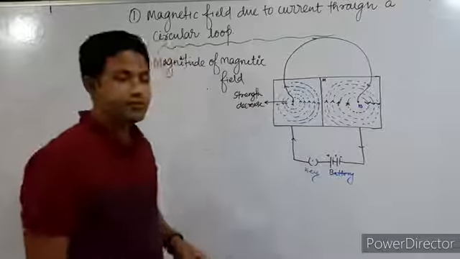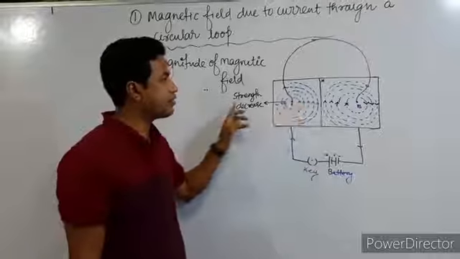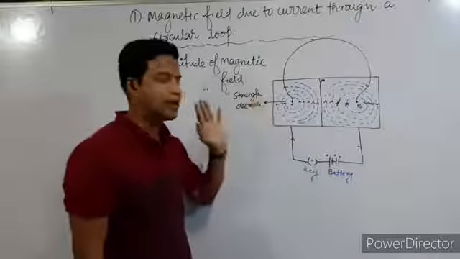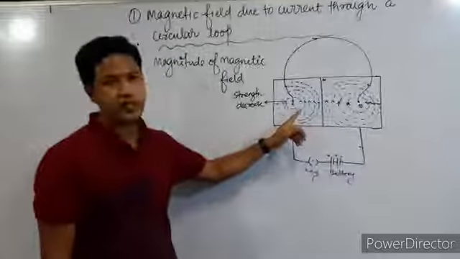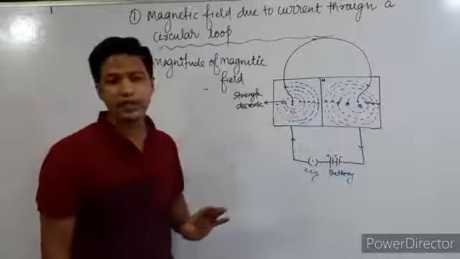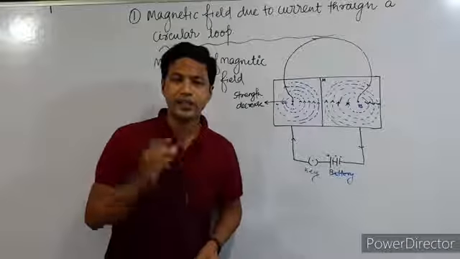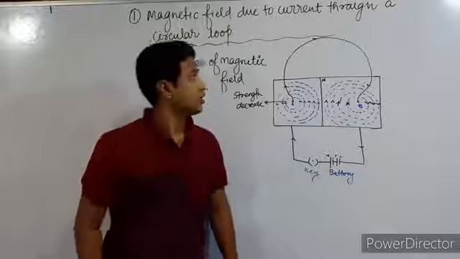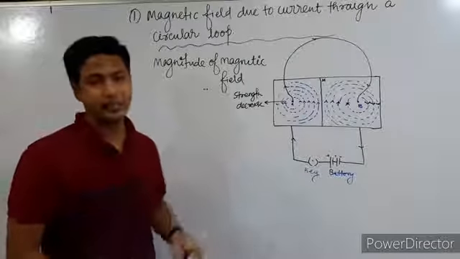If we go away from the center of the circular loop, the strength of the magnetic field decreases. As we go closer to the center, the strength of the magnetic field increases. So this is the concept of the magnitude of the magnetic field in your circular loop.